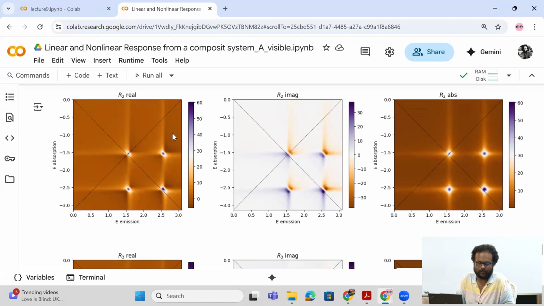diagonal peaks and two cross peaks, which means you're generating two states. Where are these two states coming from? Through the coupling. When you mix, you transfer some dipole strength to the other one. You couple them, even though the other one does not have much. And then you generate two states now. Remember, when you define the Hamiltonian, we are diagonalizing the Hamiltonian.